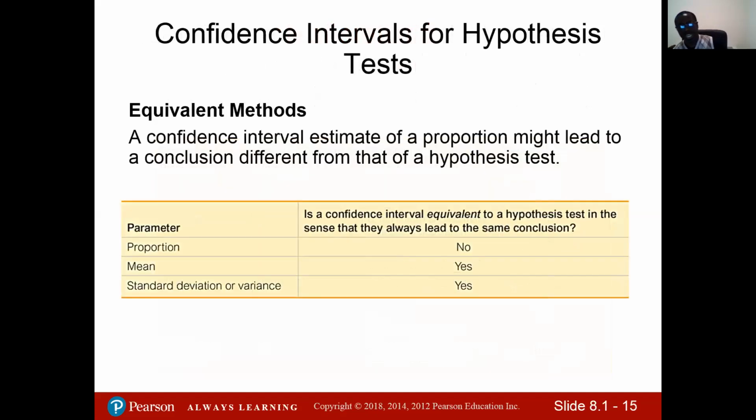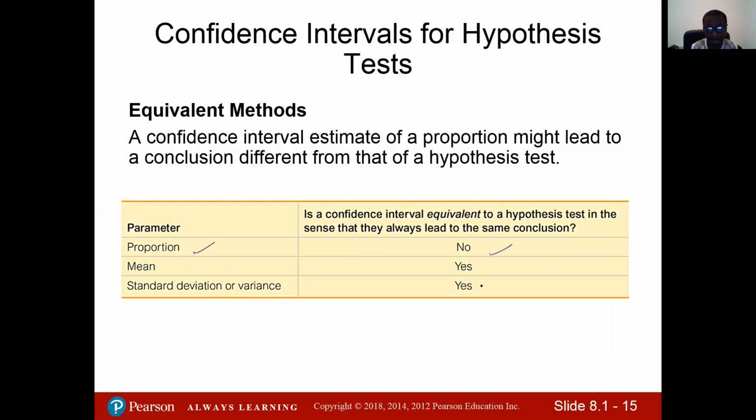So we can also use confidence intervals, but I'm not going to talk more about this. This is just for information: equivalent methods, whether it's the p-value or the critical value method, this is also equivalent. A confidence interval is equivalent to a hypothesis test in the sense that they always lead to the same conclusion. For a proportion, they don't.